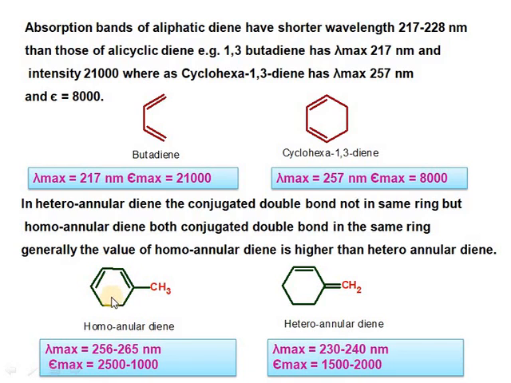So extended conjugation affects the value of lambda max. But in heteroannular dienes, one of the carbon-carbon double bonds is not present in the cyclic ring, it is out of the ring, so there is no extended conjugation like this. Therefore the value of heteroannular dienes is lower: 265 to 240 nanometers.